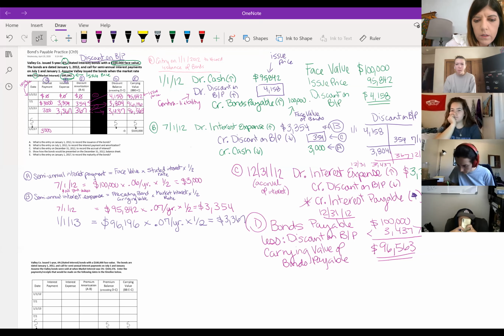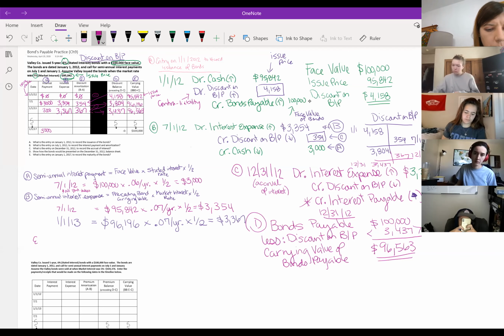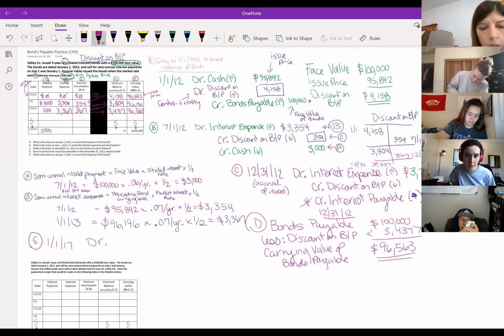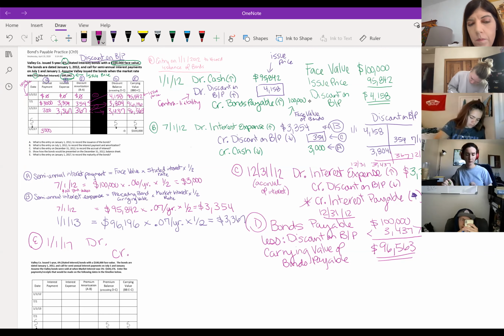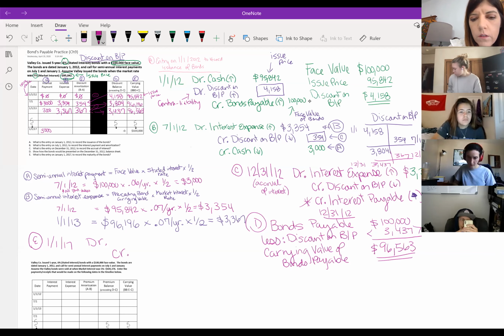Does that one make sense? Okay. For E, what is the entry on January 1st, 2017 to record the maturity of the bonds? We'll have one debit and one credit. What happens on January 1st, 2017 to the bonds payable account?